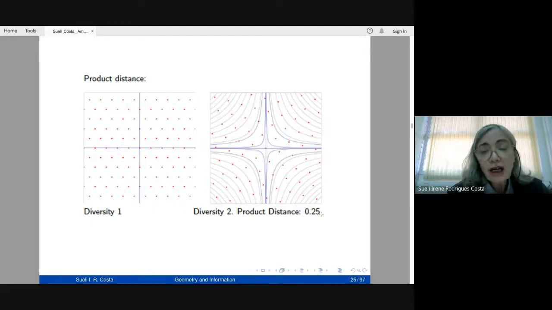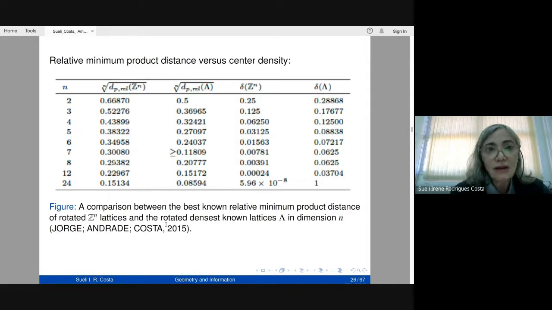So if you have a channel which is fading, as many channels in communications are, like communication through cell phones, this lattice is better than that lattice: the same packing density, the same covering density, but the product distance here is better than that one. So it depends on the kind of channel we consider, right?